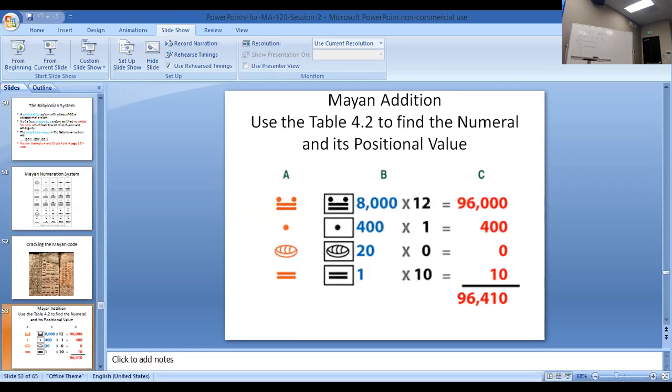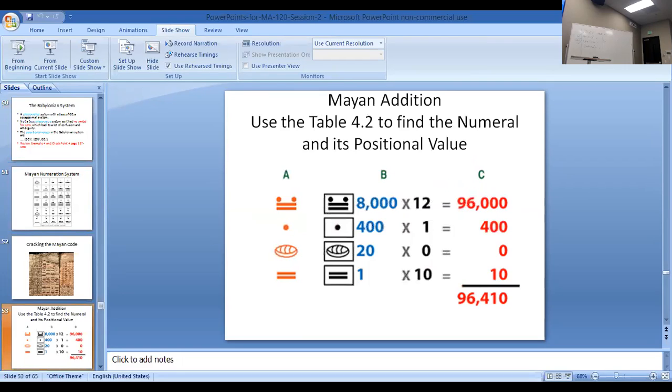Now look at the place value in the Mayan system at the bottom of page 198. You have 1, 20, and then 18 times 20. The fourth position is 18 times 20 to the power of 2, which becomes 7,200. I rounded up to 8,000. So maybe I should have rounded to 7,000.